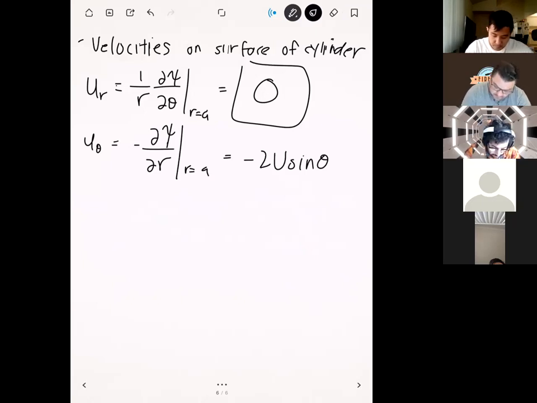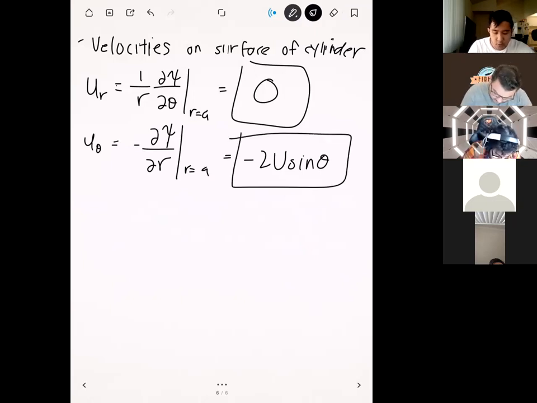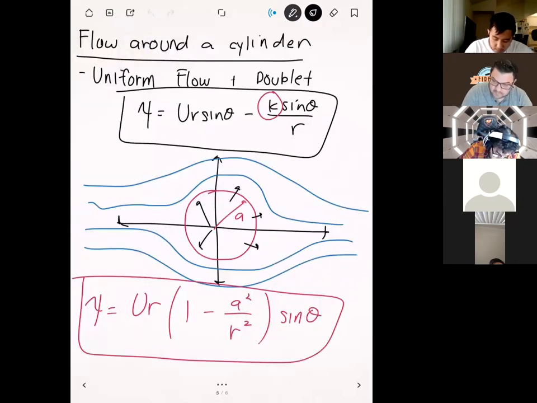And so what this tells us is that on the surface of the cylinder, our velocity is just purely rotational. And so we have flow that's basically going around the cylinder like this. Right. And so we have no flow penetrating out. We just have flow going around the cylinder.